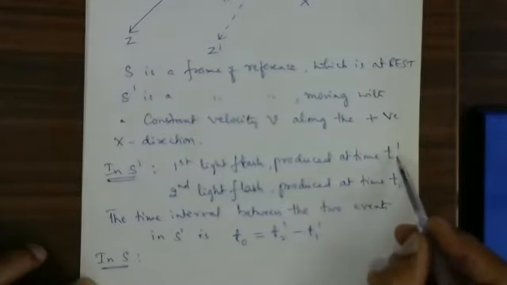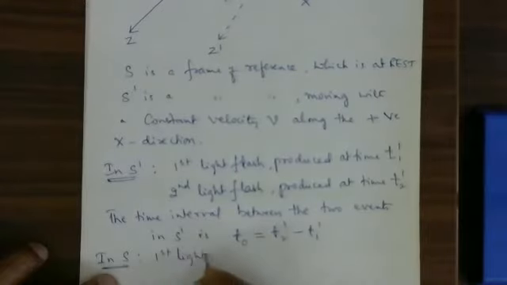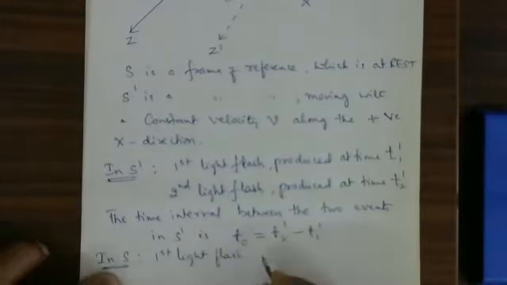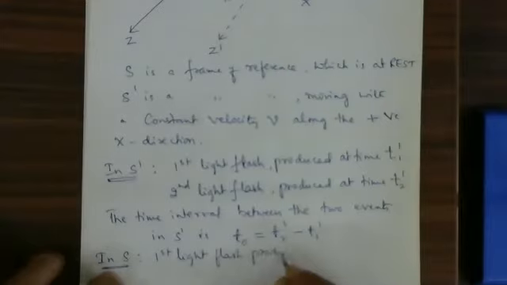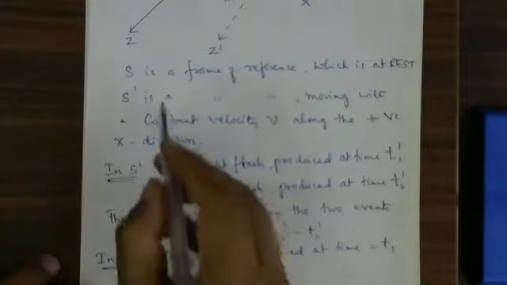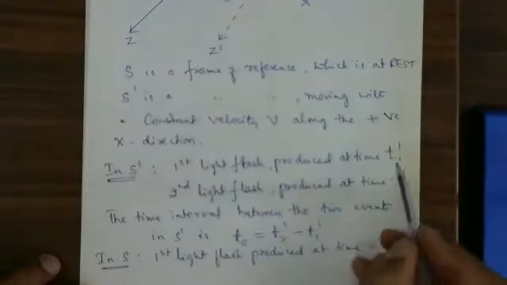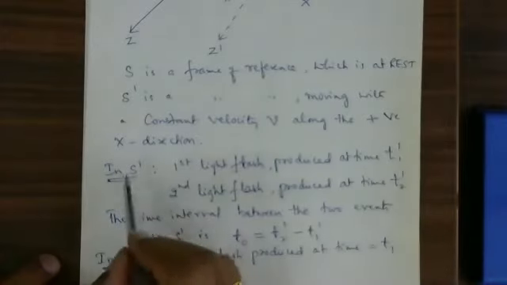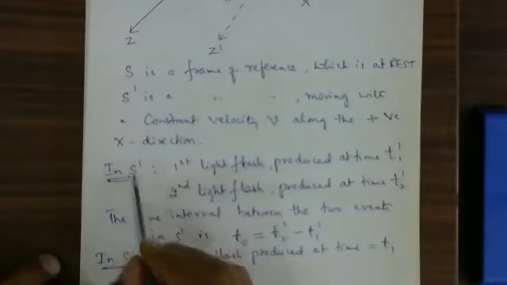So again, I can say the first light flash produced at time T1. Why have I chosen T1 here? Because it is the S frame, which is at rest. T1 dash, why have I chosen? Because it is in a moving frame, S dash.